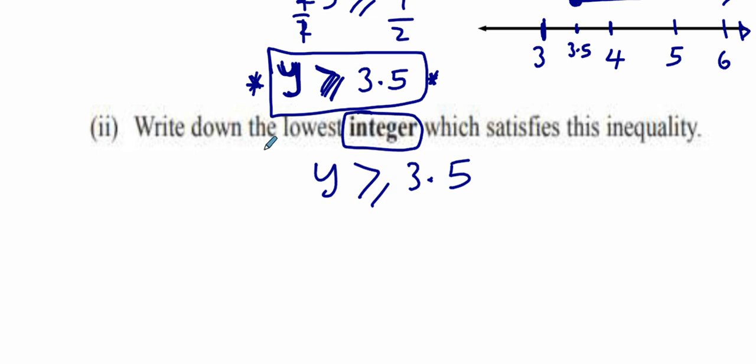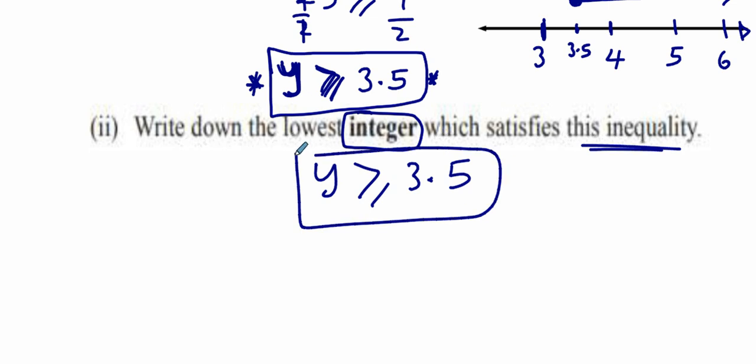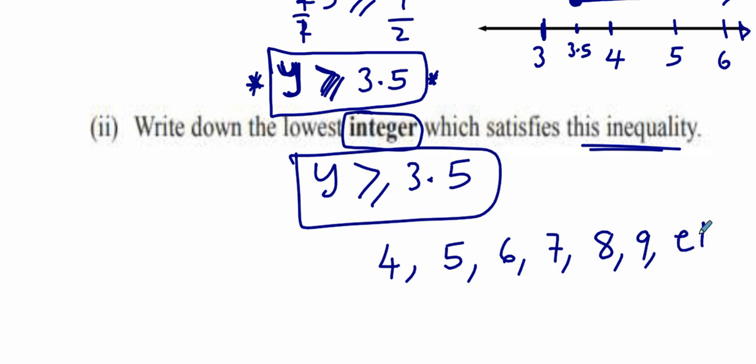The integers which are bigger than 3.5 are 4, 5, 6, 7, 8, 9, etc. But what is the question asking for?